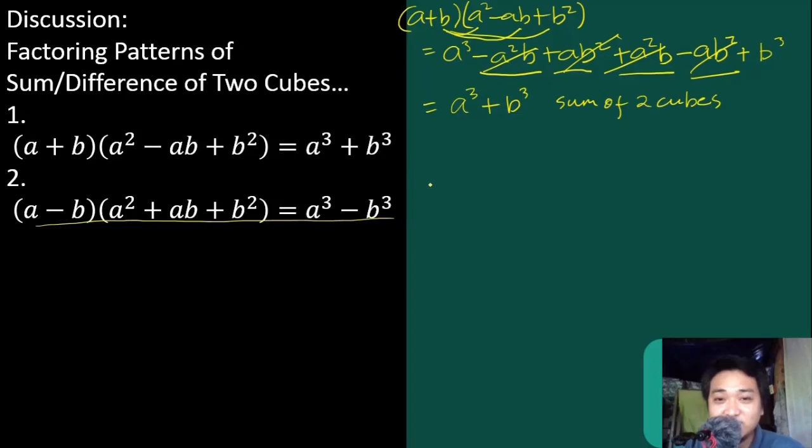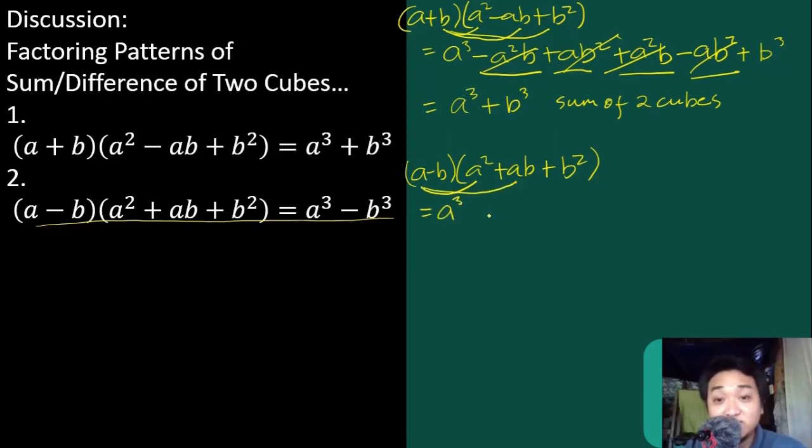Okay, so we'll try to discover the difference of two cubes. So subukan natin. The quantity A minus B times A squared plus AB plus B squared. So that will be A times A squared, you add the exponent, that will be A cubed.